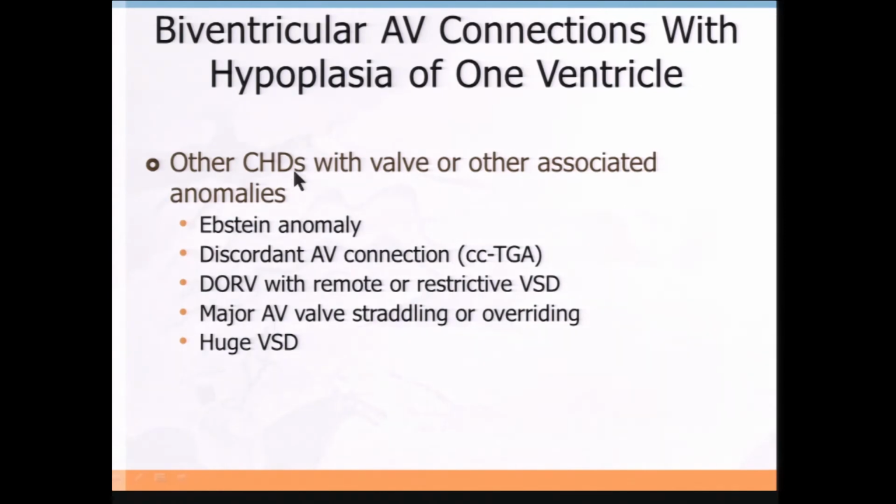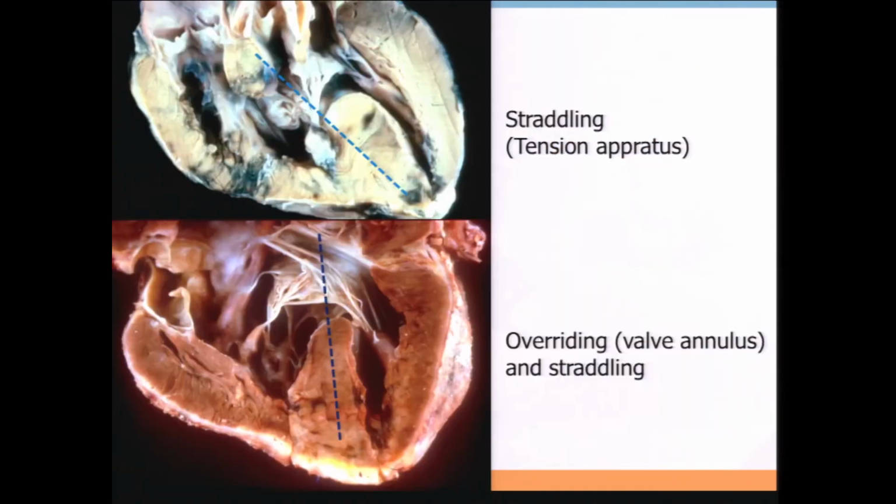And other CHDs with valve or other associated anomalies include some subset of Ebstein anomaly, discordant AV connection with some associated anomalies, and DORV with remote or restricted VSD. Some patients had balanced ventricles, but if there is major AV valve straddling or overriding, we cannot manage with biventricular repair. So this is the example of straddling.